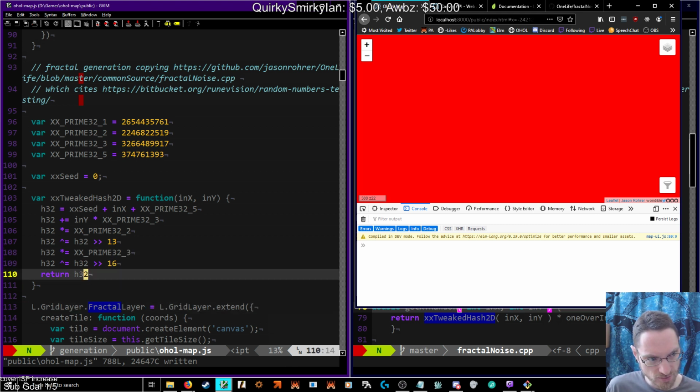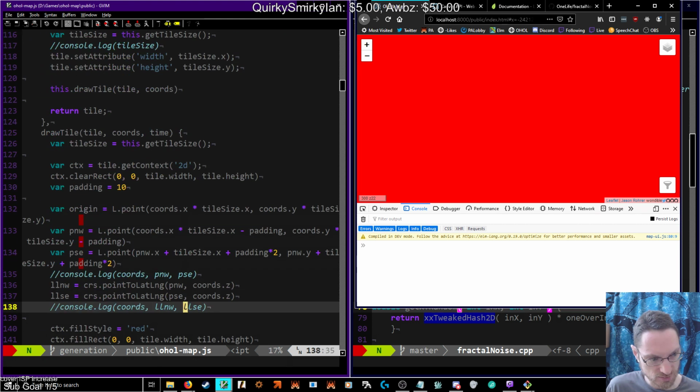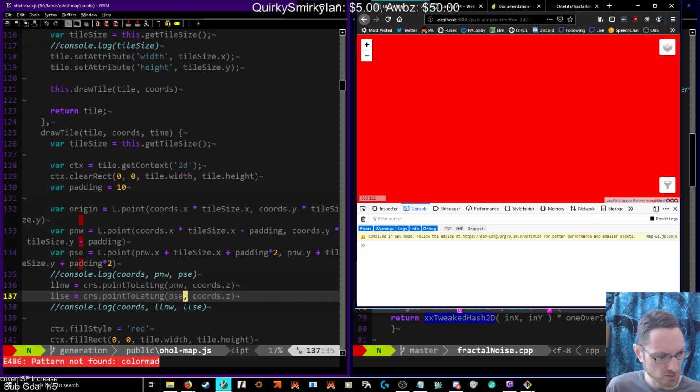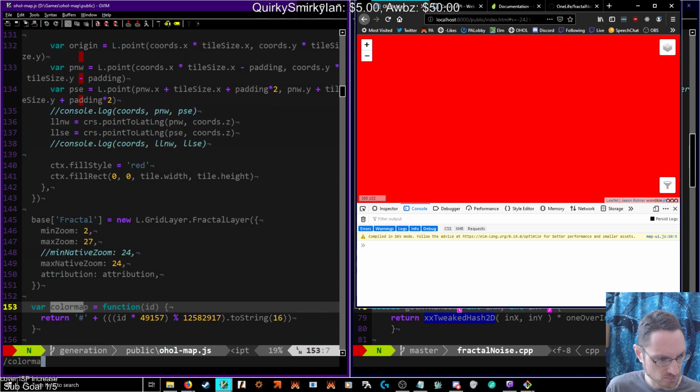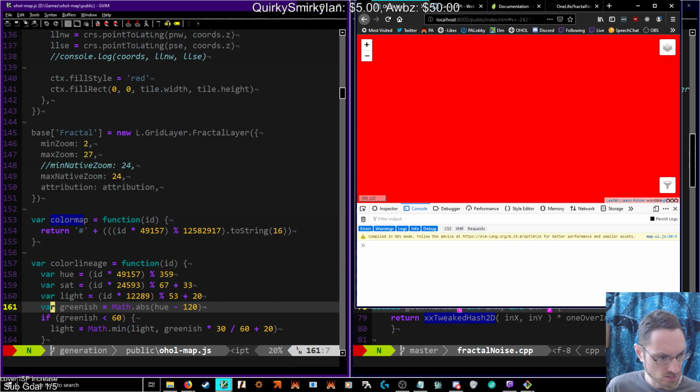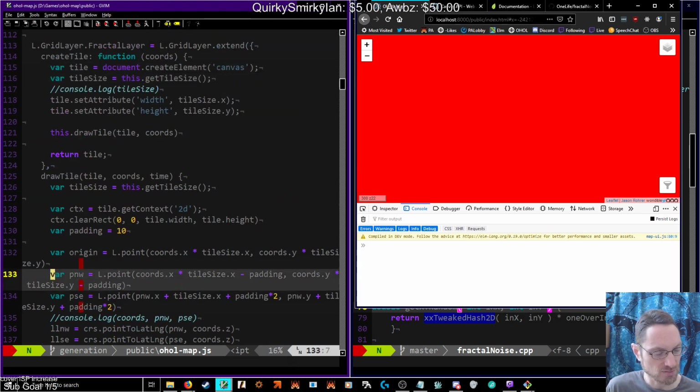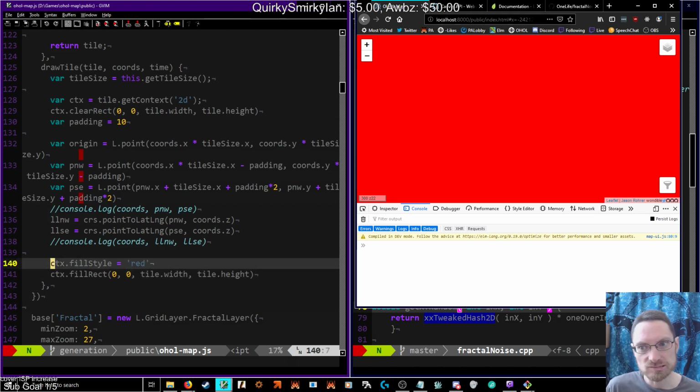So that gives us a 32-bit number. Now I had actually color map, well, it scrambles it. But toString 16 kind of gets the essence of it. Actually, maybe for numbers, I would want to do this more as a grayscale, because I think this is just going to be noise because it's a hash function.